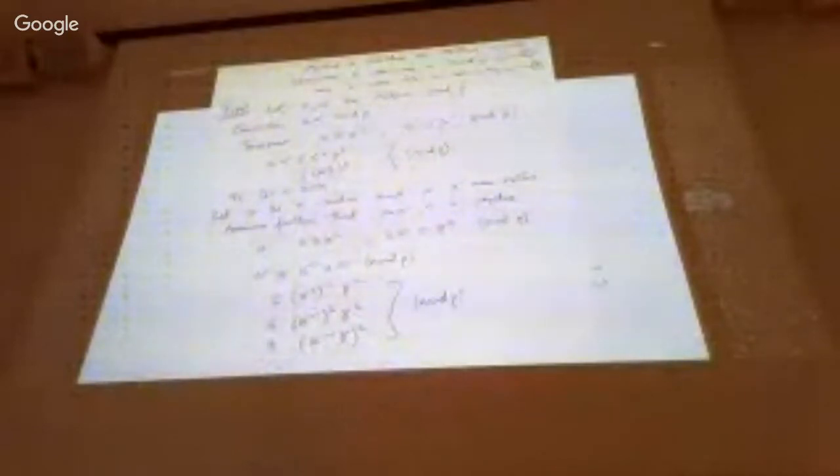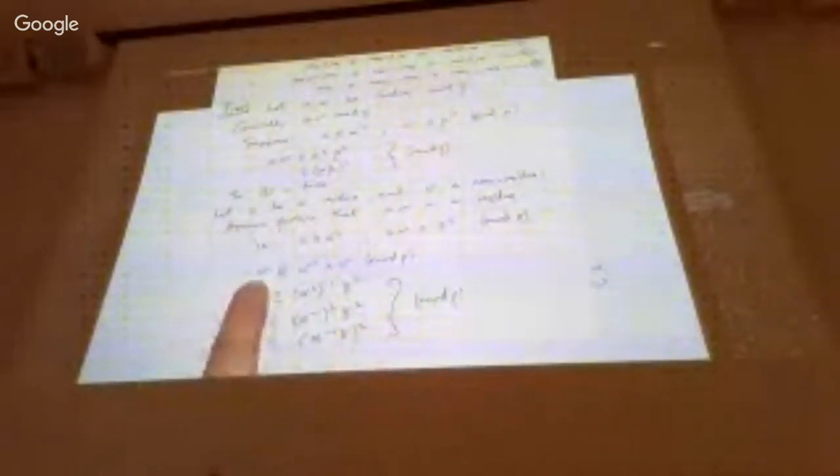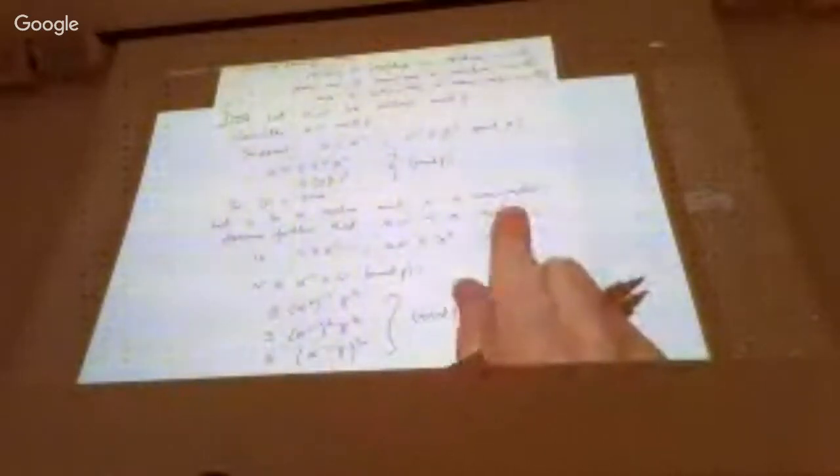So we somehow seem to prove now that V is a quadratic residue. V is the square of something. But it can't be, because we assumed it was a non-residue. Okay.